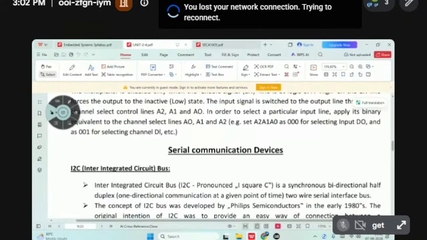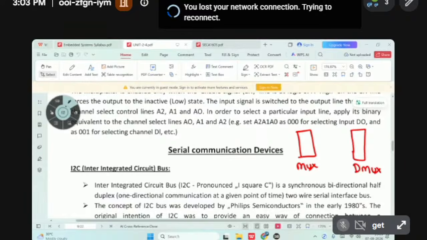So, for the serial communication device, we demultiplex based on the selected line source, right?